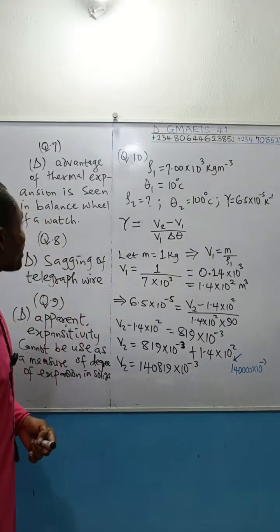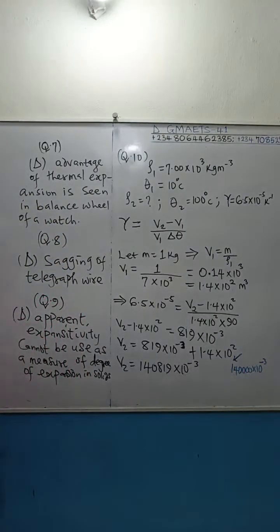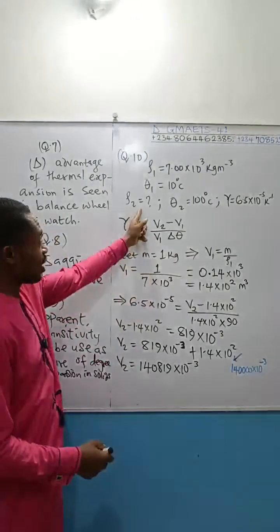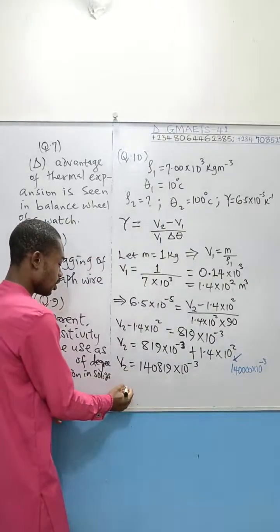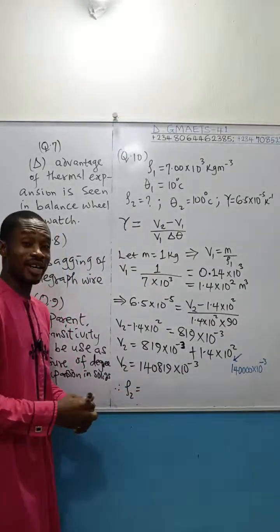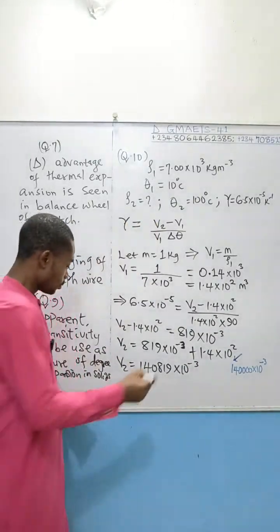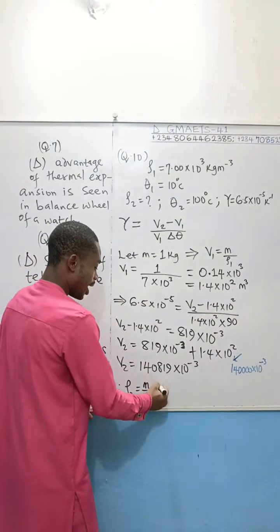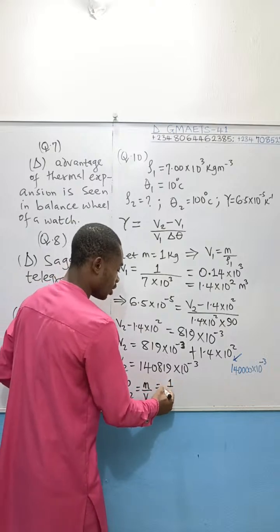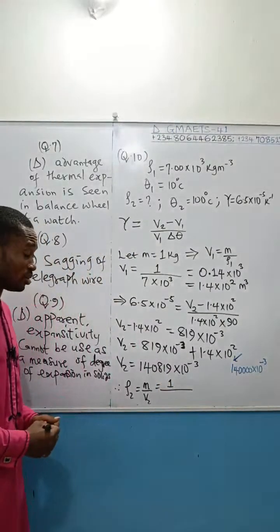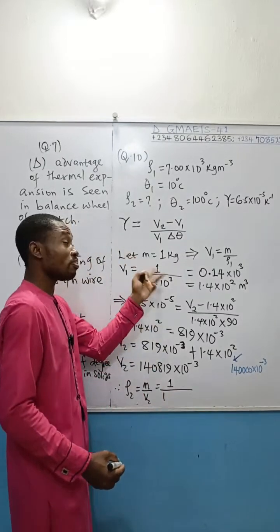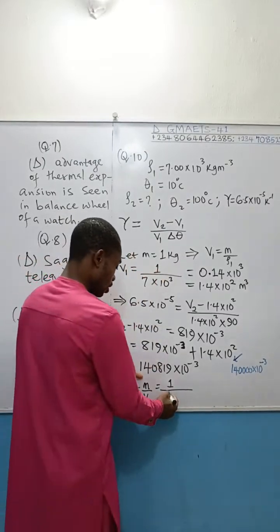But the question we're asked to find, it is not volume that we're looking for. We have to find the final density. Therefore, the final density is going to be, remember, density is mass over volume. So it's going to be the mass divided by the volume, V2. And that's going to be the mass, we assume 1 kilogram for it. I've told you whatever value you use, and they're going to divide it by whatever value you use as mass, you get the same answer at the end.